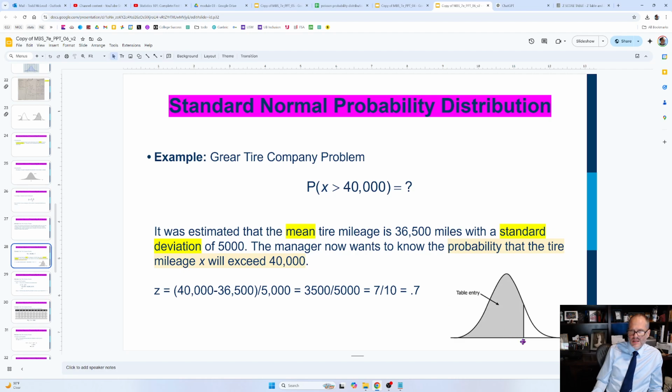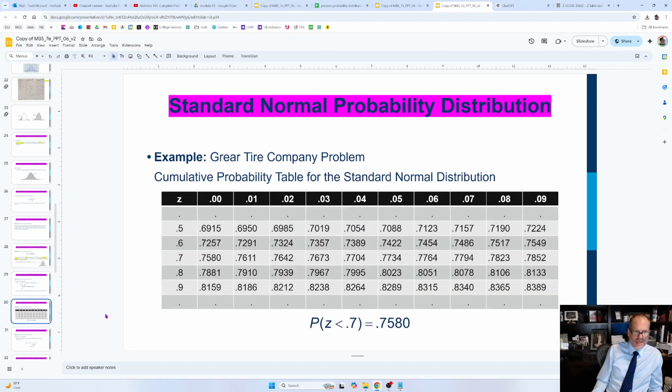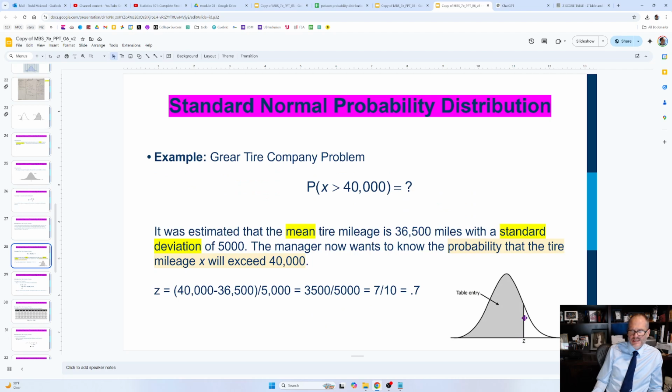And when we look that up, 0.7, 75.8% of our data is from here over. It's going this way, right? I'll get a little text tool here and put that there: 75.8% of our data.